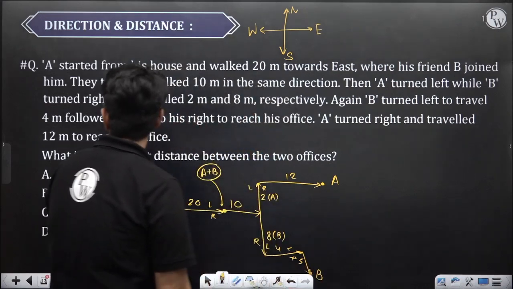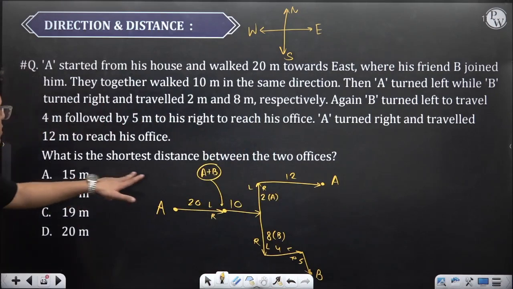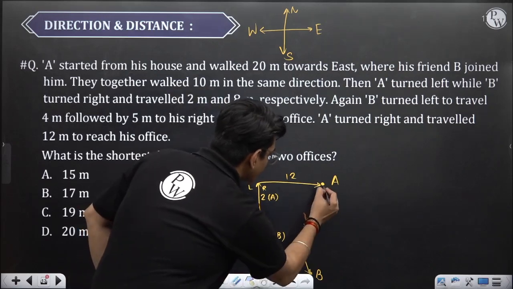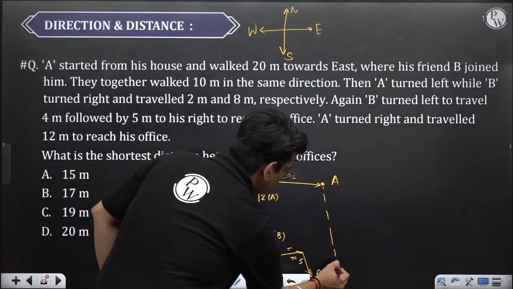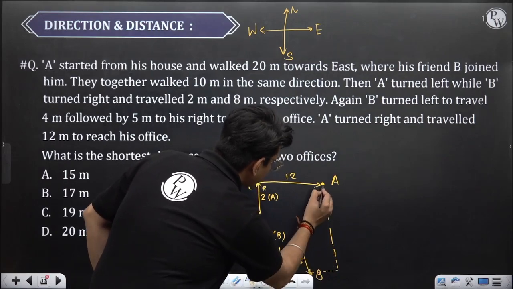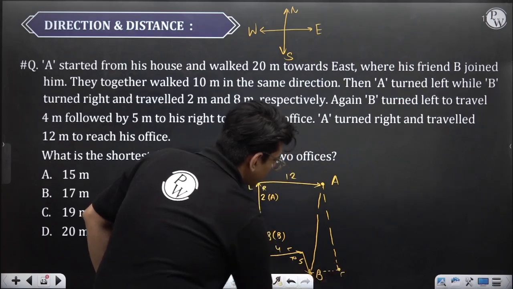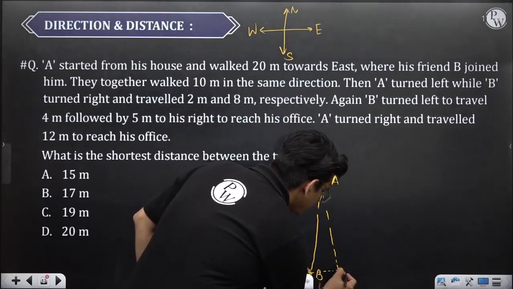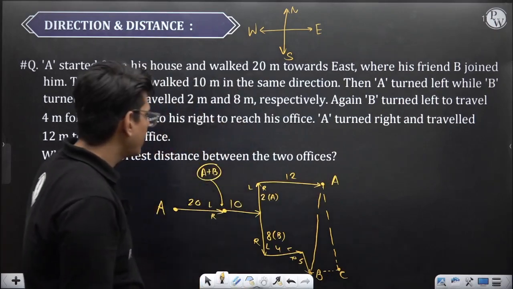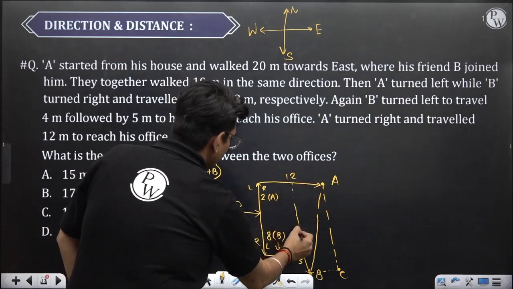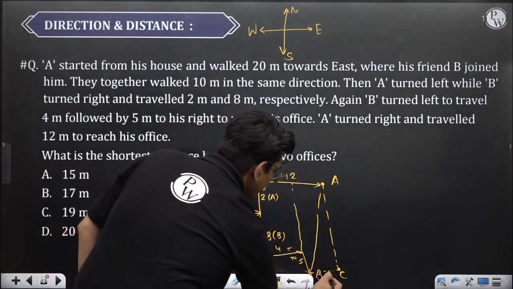Now the question is asking what is the shortest distance between the two offices. So we have to calculate this distance AB. Let this point be C. Now see, this is 12 and this is 4, so BC is 8.